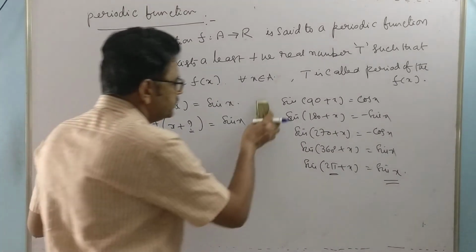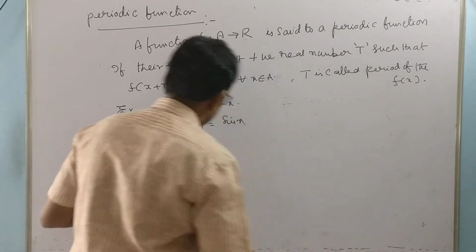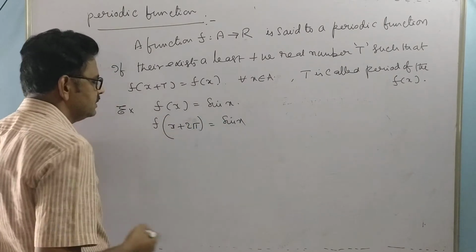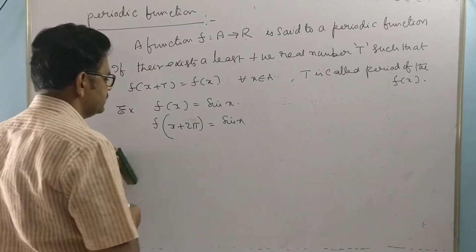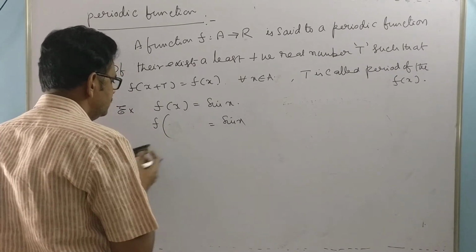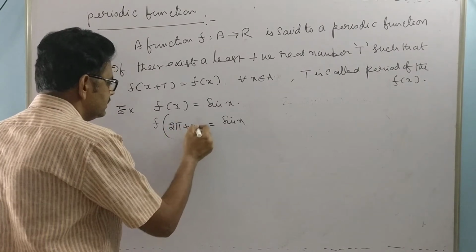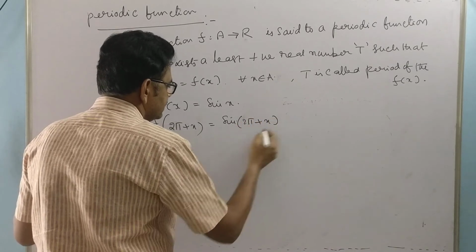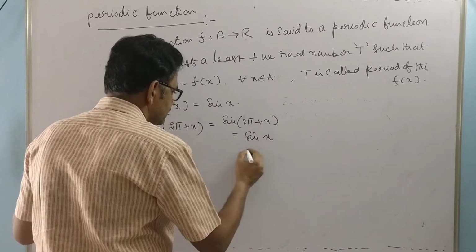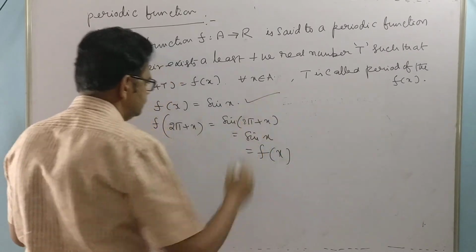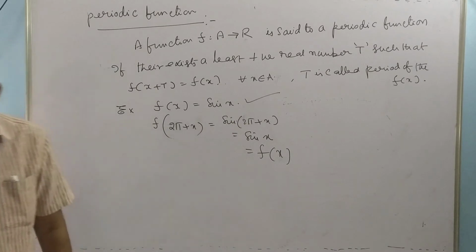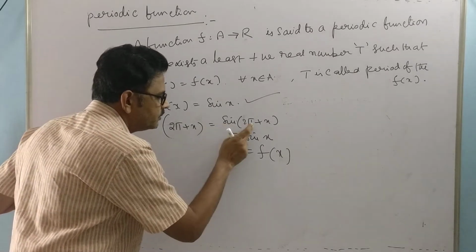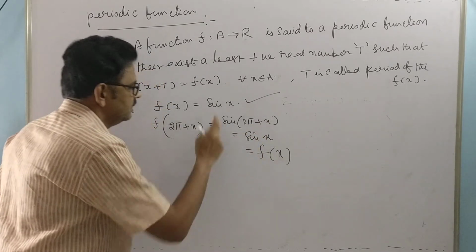Suppose you take f of x equal to sin x, f of 2 pi plus x is sin of 2 pi plus x, that is sin x, which is f of x.